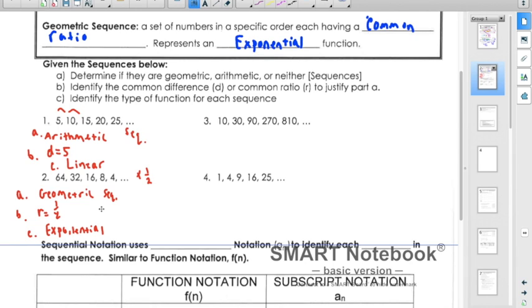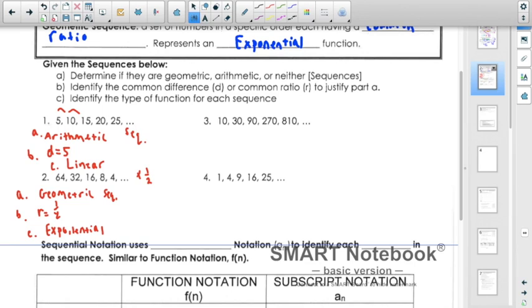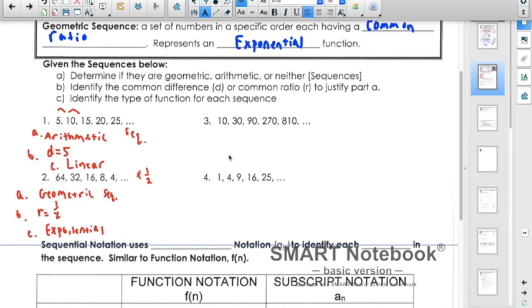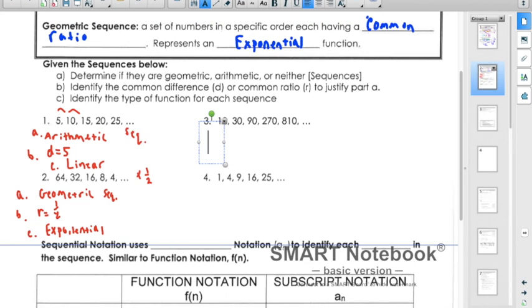Okay, I want you guys to do 3 and 4 by yourselves. I will write down the answers. Let's lower this. So for number 3, part A, it is a geometric sequence.